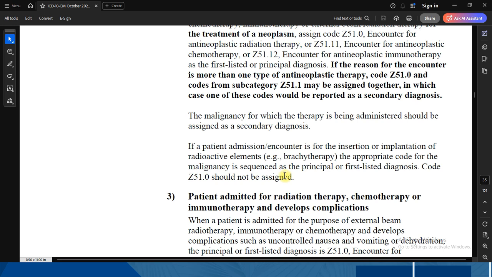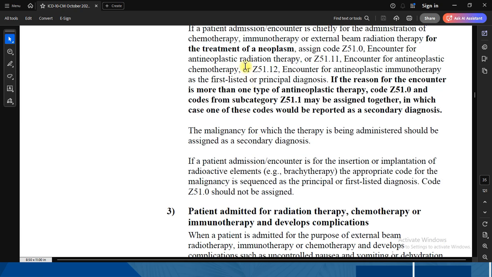In radiation therapy, external beams are sent to the body from outside using a radiation machine, whereas in brachytherapy, radioactive elements are placed inside. That is the difference between radiation therapy and brachytherapy.